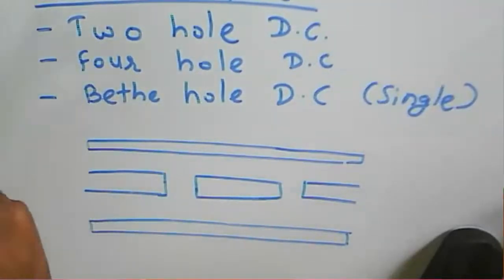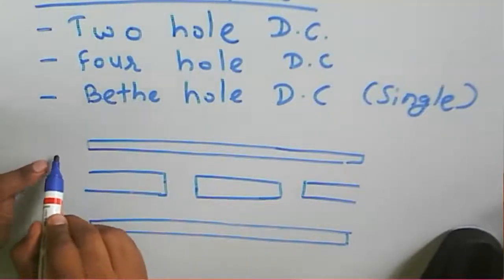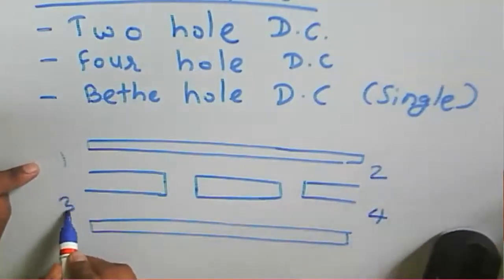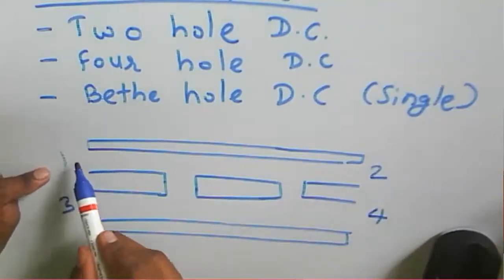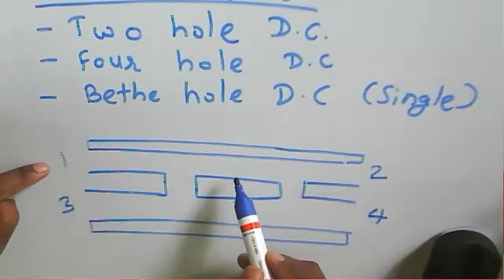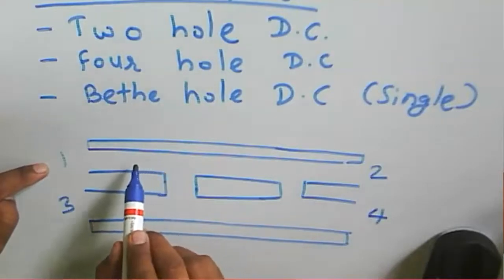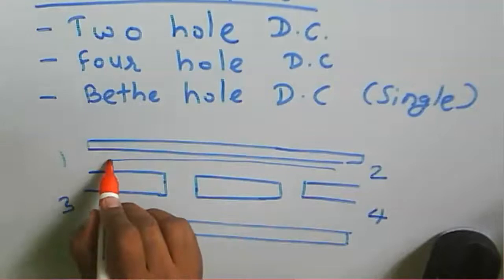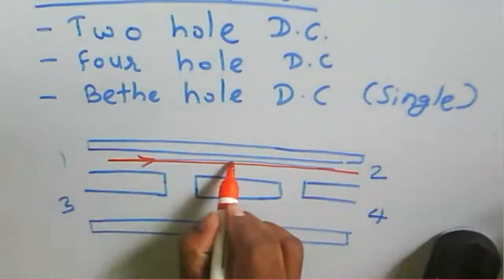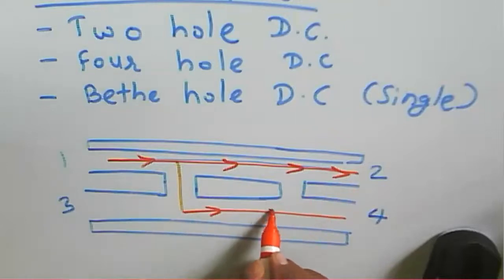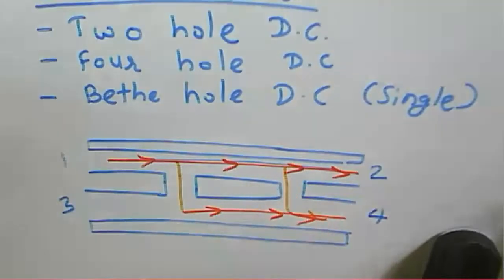Now port 1 and port 2, as we said earlier, 1, 2, 4 and 3. When there is incident power at port 1, power will be coupled at ports 2 and 4. That means in a given direction your signal is propagating and coupling.